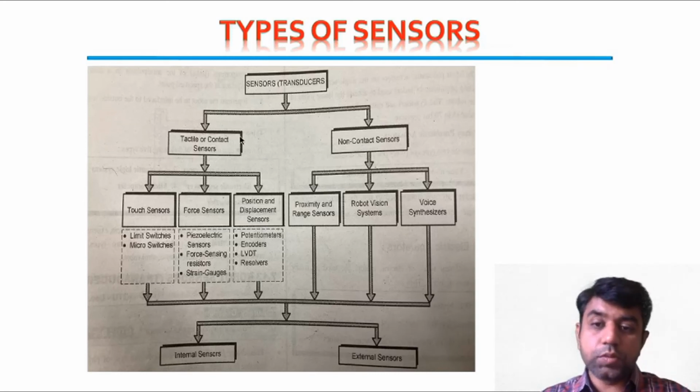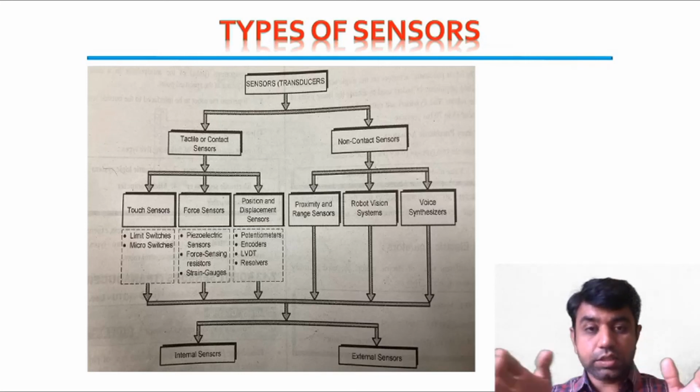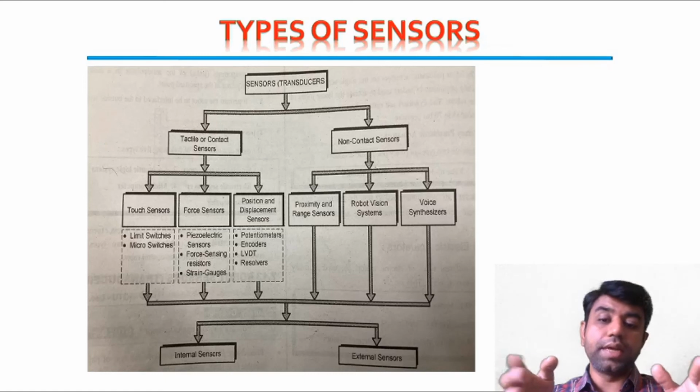The common difference between contact and non-contact sensors is that if there is a touch of the particular object with the end effector, and only then it will record data, then it is called a contact type sensor. But if it is measuring the data from a distance itself, then it is called a non-contact type of sensor, right?